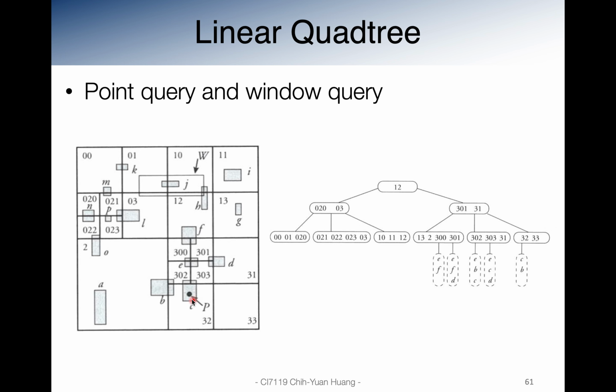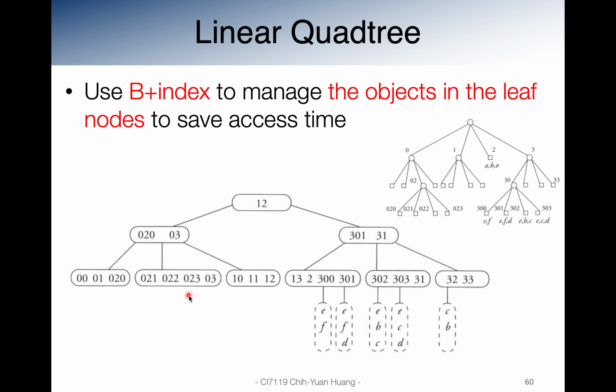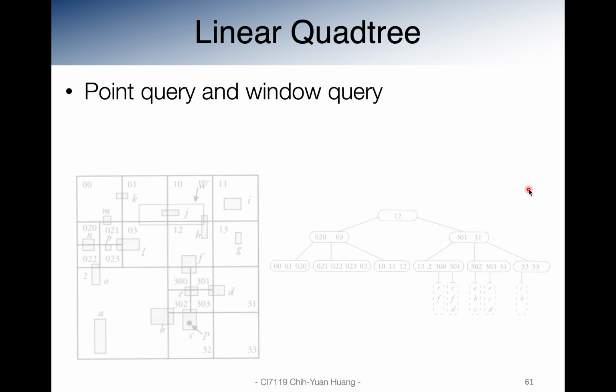As I mentioned earlier, if it's a point query at 3, 2, then for the quadtree, we already know that it needs to go to the root node, and the root node will know that the point query should go to 3, and 3 knows that the point query is in 3, 2. Then we can go to 3, 2 and answer that question.